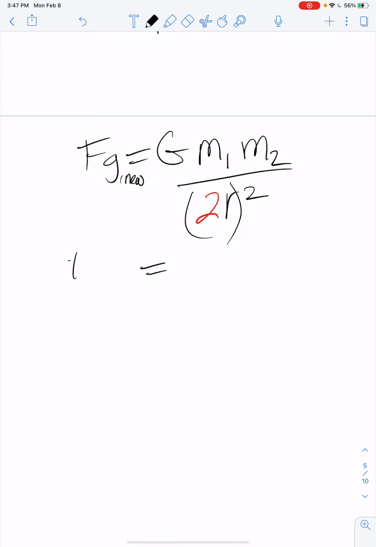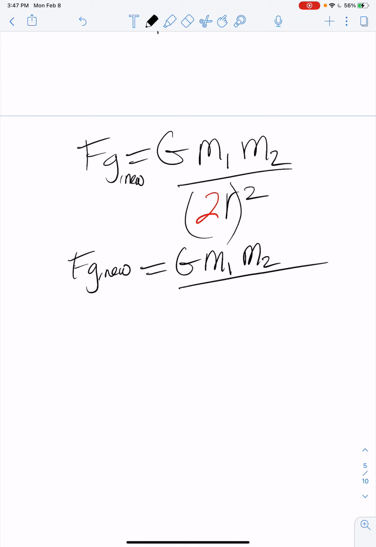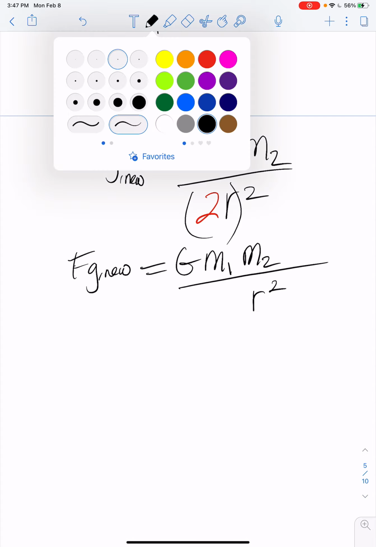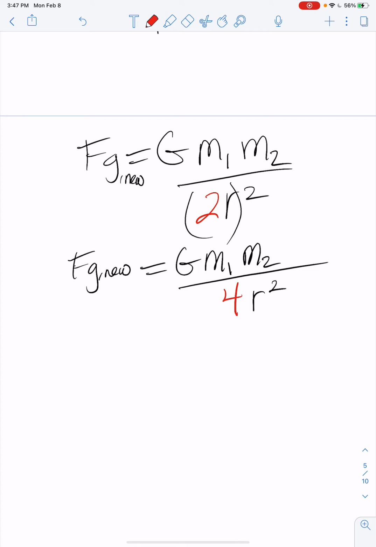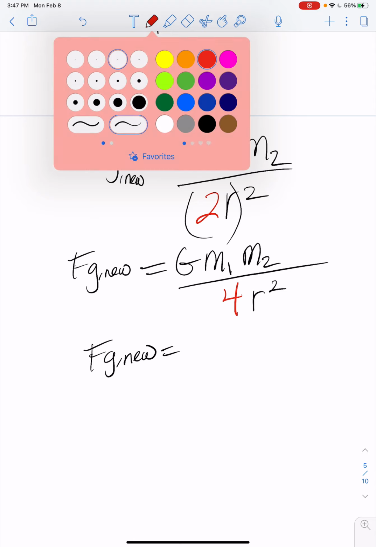Let's rewrite it then. So F_G new is equal to G M1 M2 over R squared, but squaring the 2, we get a 4 down there on the bottom. I'm going to push the red number out in front and rewrite. Oh, dang, I forgot to write that red number out front. Let me rewrite that one more time. I'll start by writing the red number.